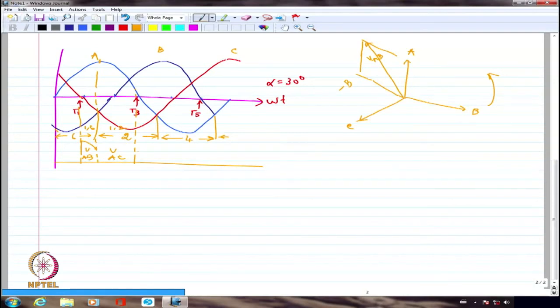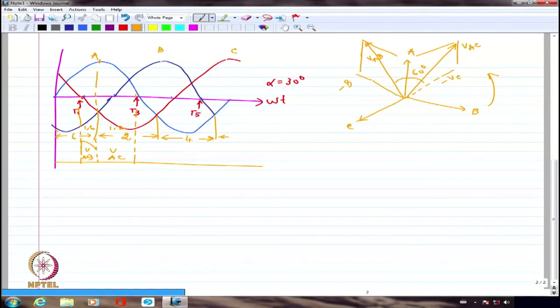When VAC is coming up, if I look at VAC, this is minus VC. So if I draw, this is VAC. VAC and VAB are phase shifted from each other by 60 degrees. So if I have the AB peak here, the AC peak will happen after 60 degrees.